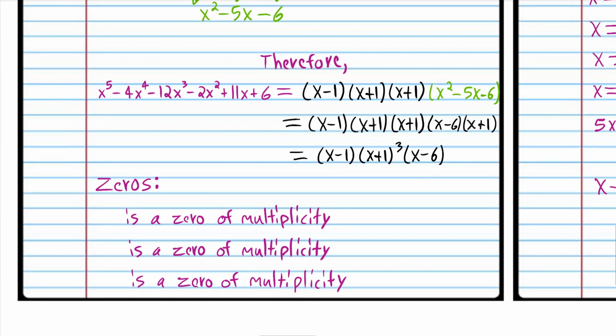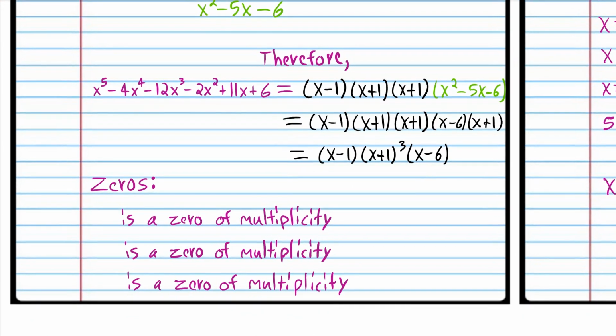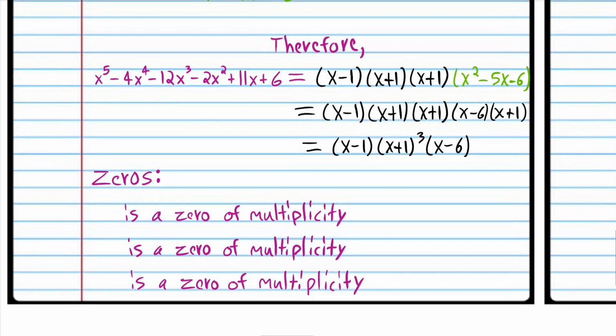And so we can see the zeros just by looking at this expression. We changed the form of the polynomial from the blue form to the yellow form. So we can see, looking at the yellow form, what numbers we can plug in to give us 0. We can plug in, obviously, 6. We can plug in -1, or we can plug in +1. And those will be solutions to the corresponding polynomial equation.